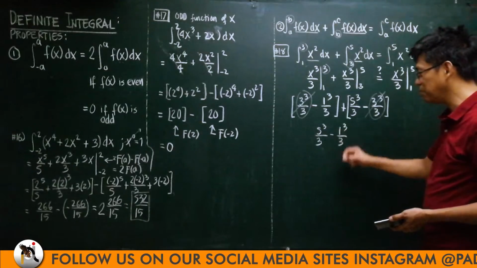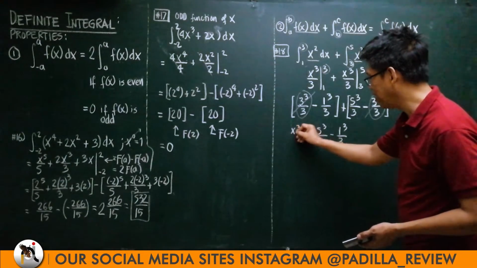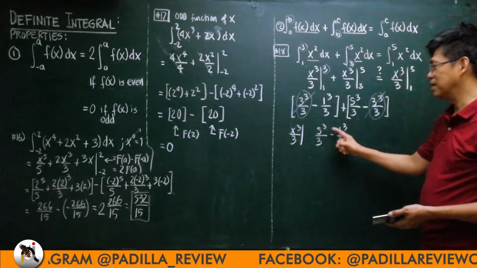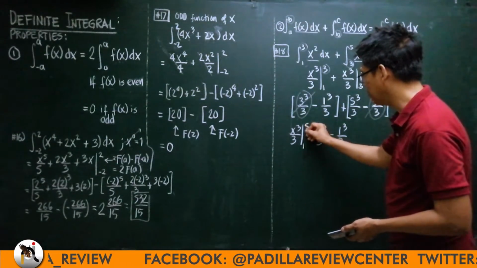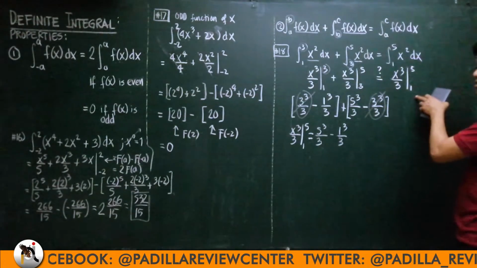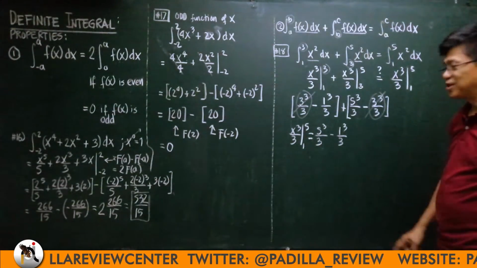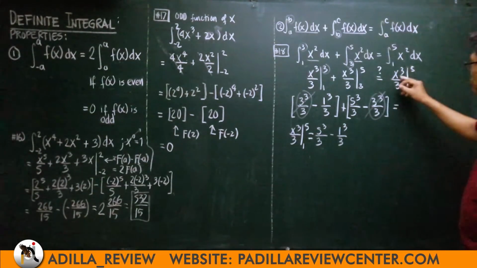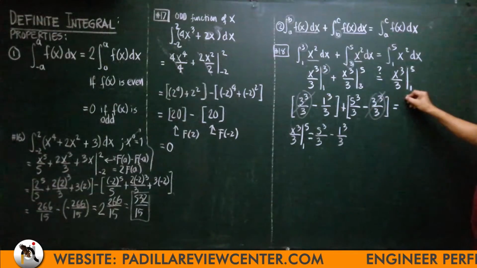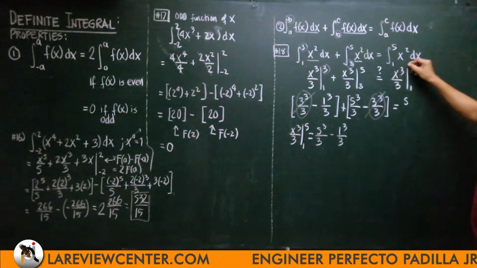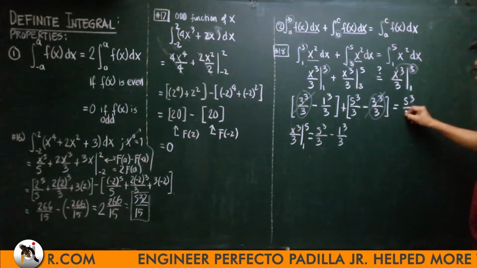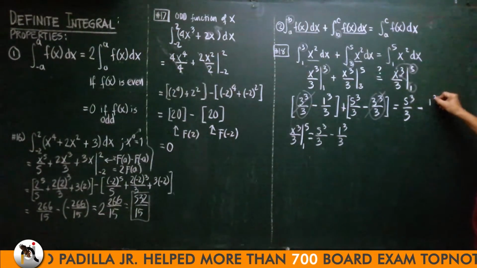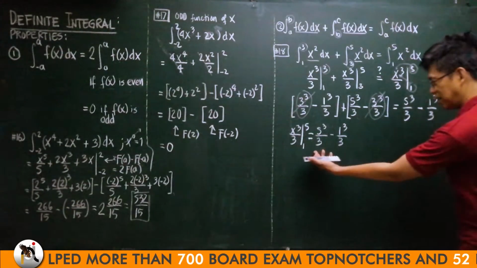This is the same as evaluating x cubed over 3 from the upper limit to the lower limit, from 1 to 5. Right? The same as this. You get it? So this is equal to substituting the upper limit for x, 5 cubed over 3, minus substituting the lower limit for x, 1 cubed over 3. It is this one.